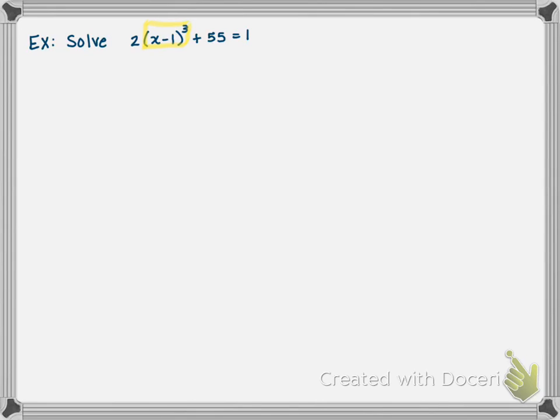And so I just need to get this guy by itself. So I'll subtract 55 from both sides. And then divide both sides by 2. And so now I have something to the third power equals a constant.